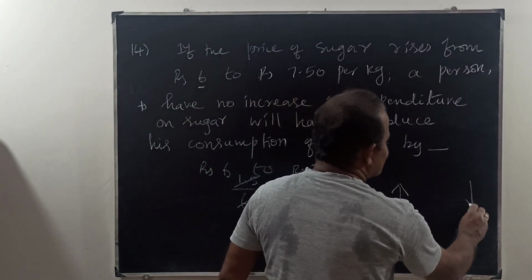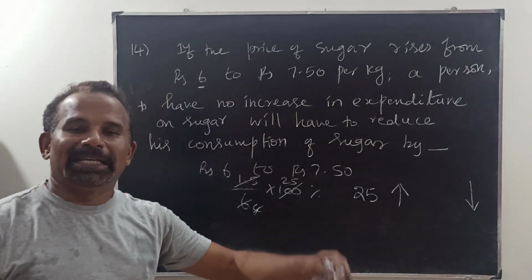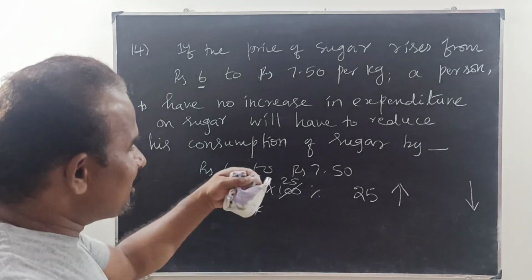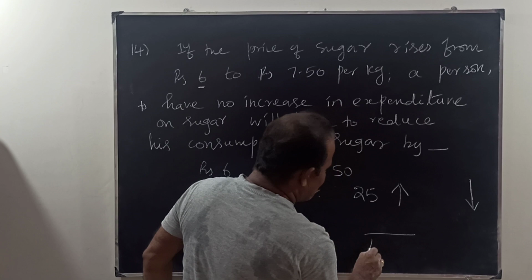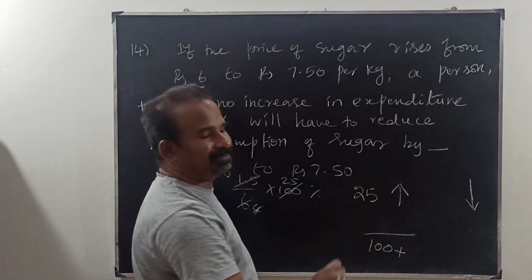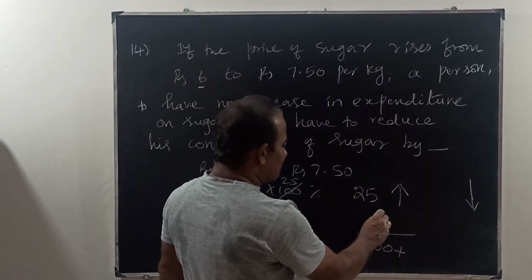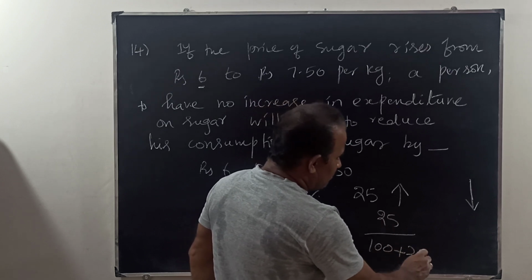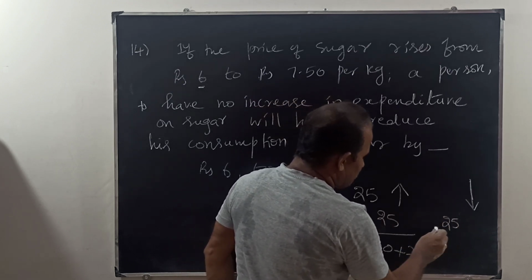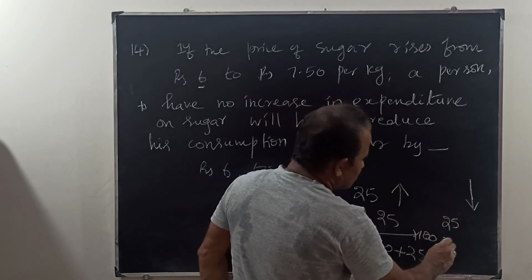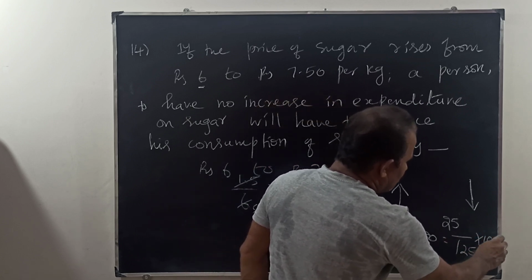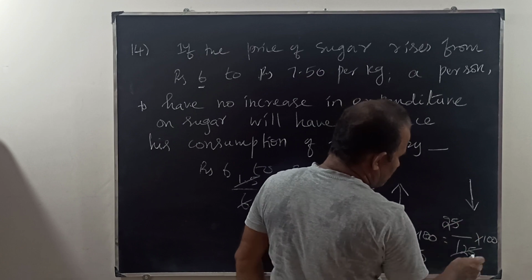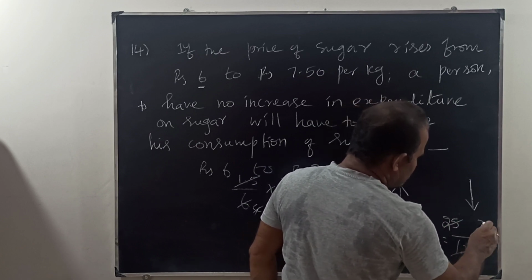How much percentage does the consumption decrease? The same thing, for decrease the denominator should be 100 plus the percentage. Here it is 25, so this is equal to 25 divided by 125 into 100. So therefore this is 1 by 5, which is 20%.